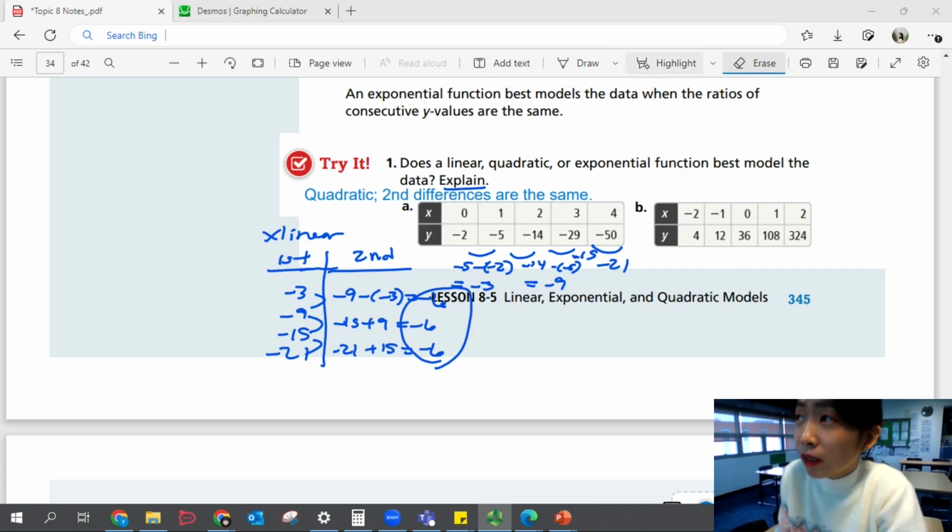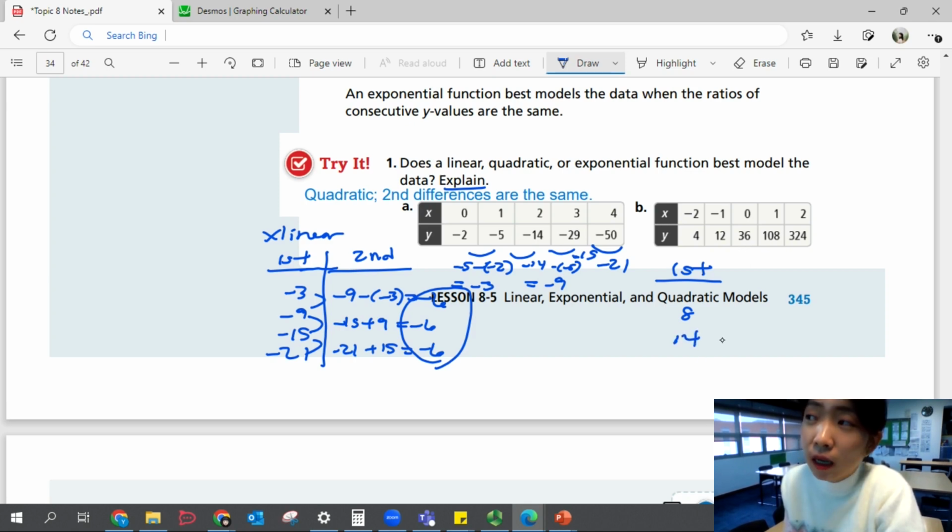Let's look at part B. First of all, let's figure out the first differences. 12 minus 4 is 8. 36 minus 12 is 24. So obviously they're not the same, so a linear equation is not going to be the best fit model.